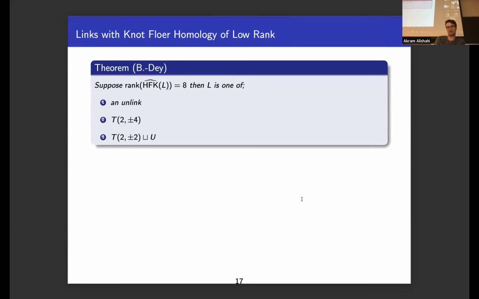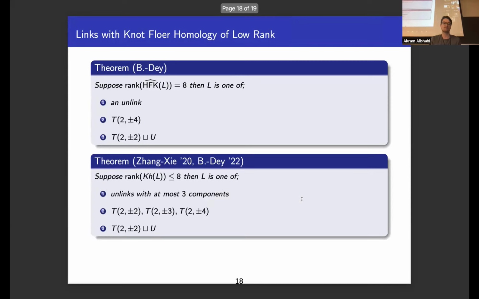These have to be an unlink, or a T(2,±4), or again the Hopf link disjoint union the unknot. I've stated this result for the rank 8 case, but we have similar results for ranks 6, 4, and 2. If you combine all of these with Dowlin's spectral sequence, you can recover exactly the result I stated at the beginning, this classification of links with Khovanov homology of low rank.